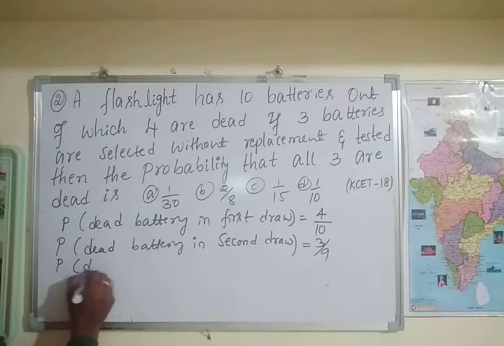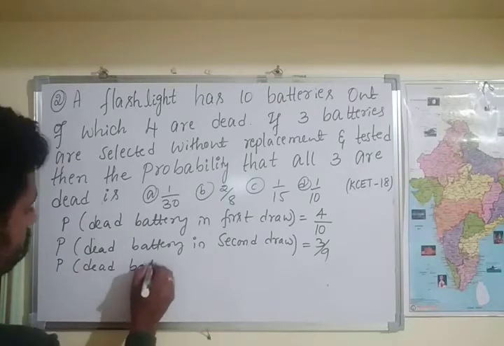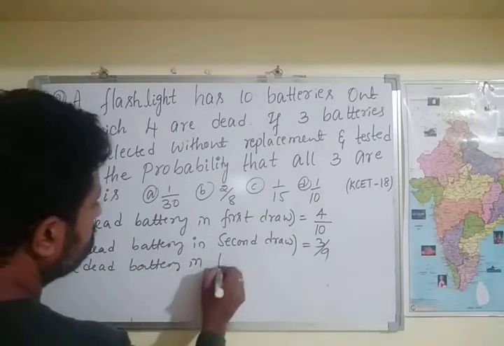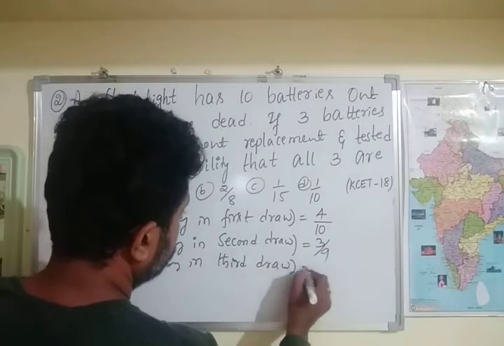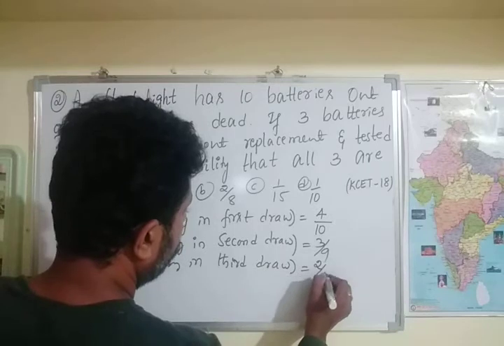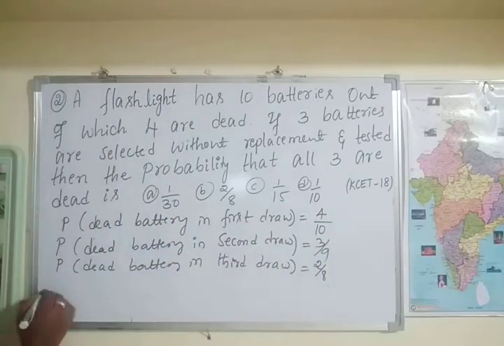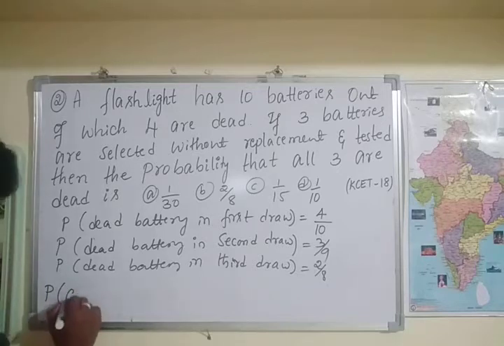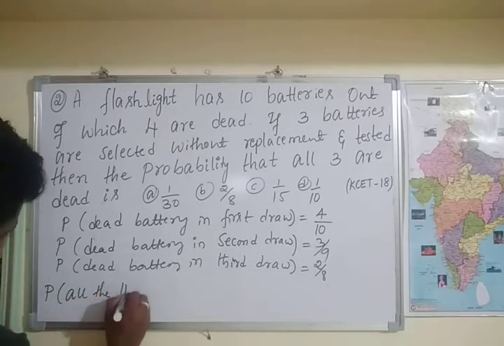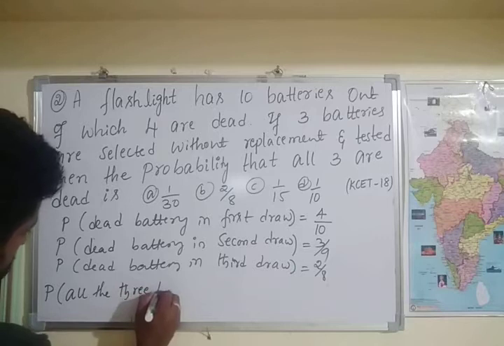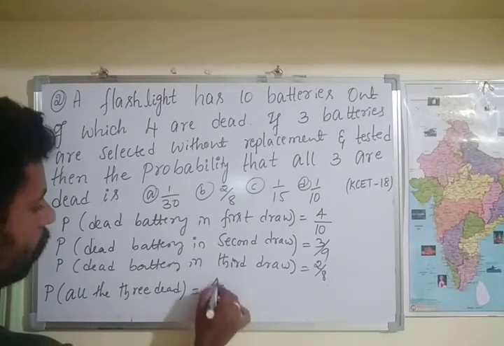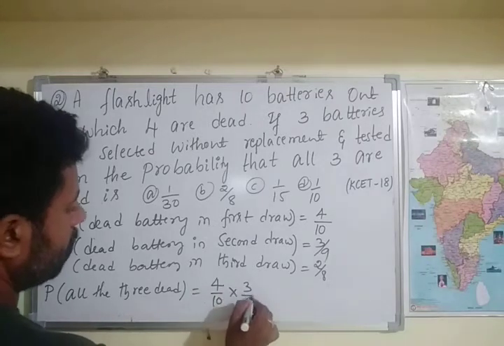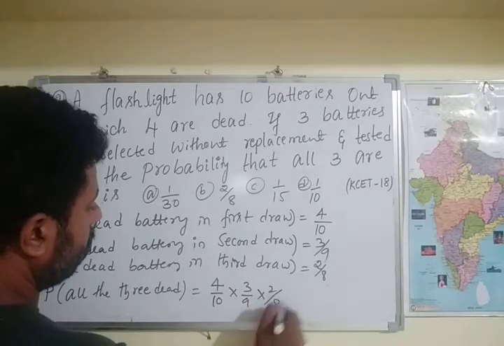Then the probability of a dead battery in the third draw is 2 divided by 8. Then the probability of all 3 being dead batteries is equal to 4 by 10 into 3 by 9 into 2 by 8.